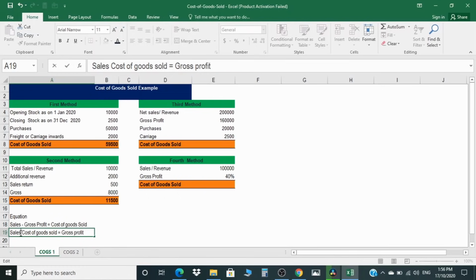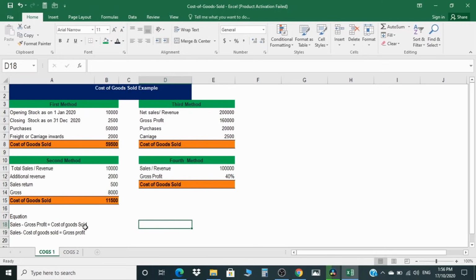That's a formula, this is an equation you have to remember. So when you deduct cost of goods sold from sale, you get your gross profit, right? When the gross profit goes to the other side, it becomes minus, and the cost of goods sold becomes positive. So this is how you can play around over there. In the second method, I did the same: the sale minus gross profit, you get your cost of goods sold.